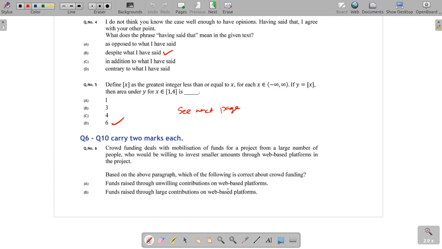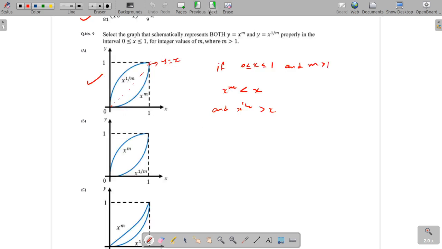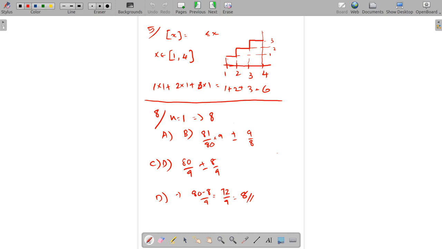Question number 5. Define the square bracket x as the greatest integer less than or equal to x for each x belonging to the real line. If y equals this function, then find the area under y in this interval. Not a difficult one. Basically you have these tiers.